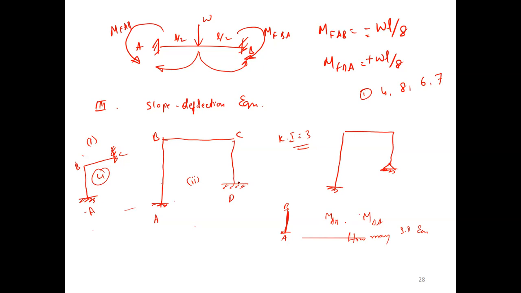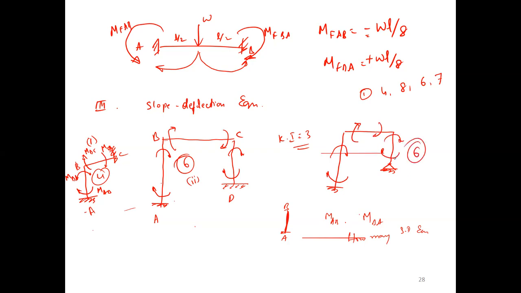Here you are finding moments MAB, MBA, MBC, MCB, MCD, MDC. How many equations? 6, irrespective of joints.